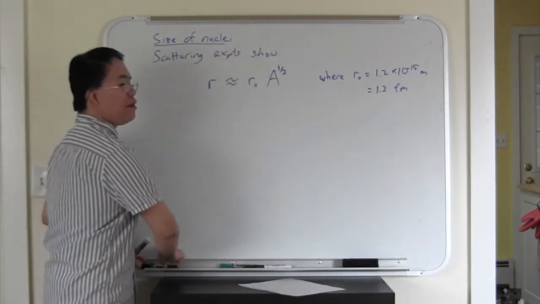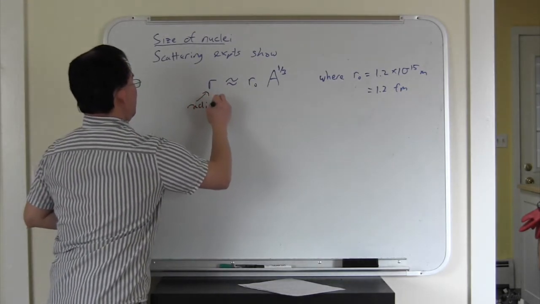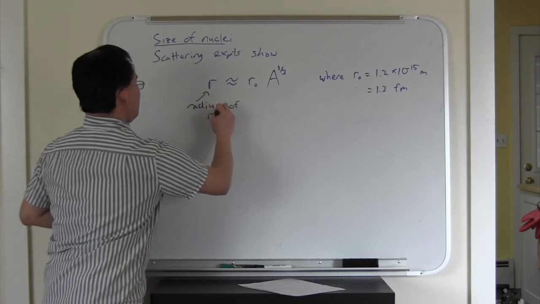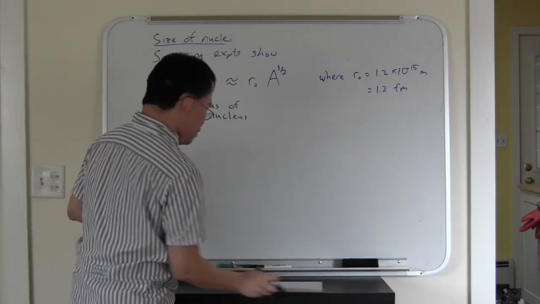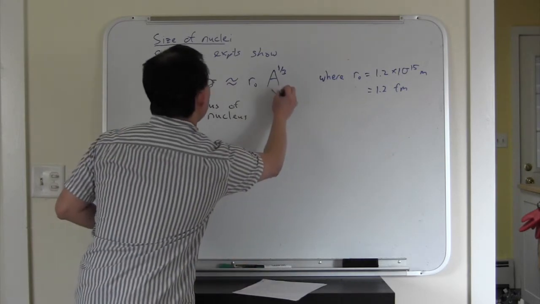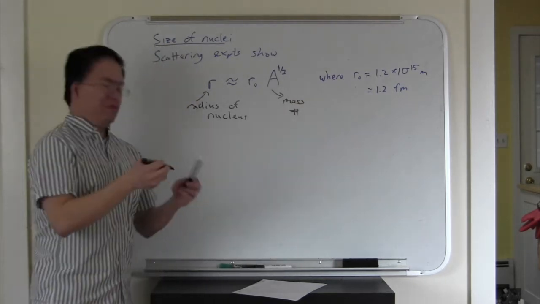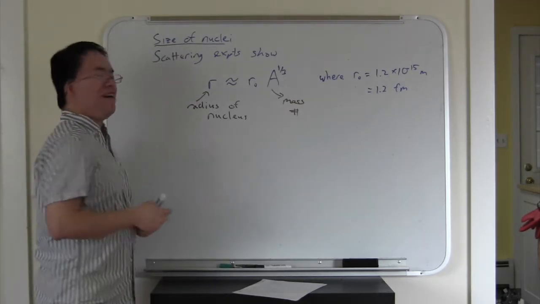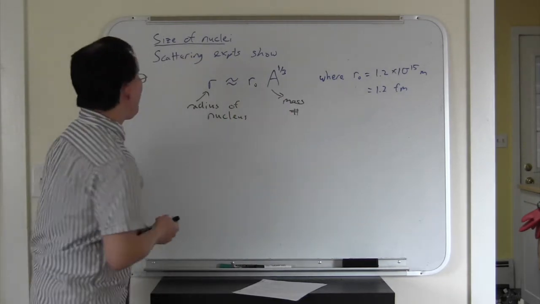R here is the radius of the nucleus. And then A is the total number of nucleons, the mass number, which I should have written on the last screen. We call A the mass number.